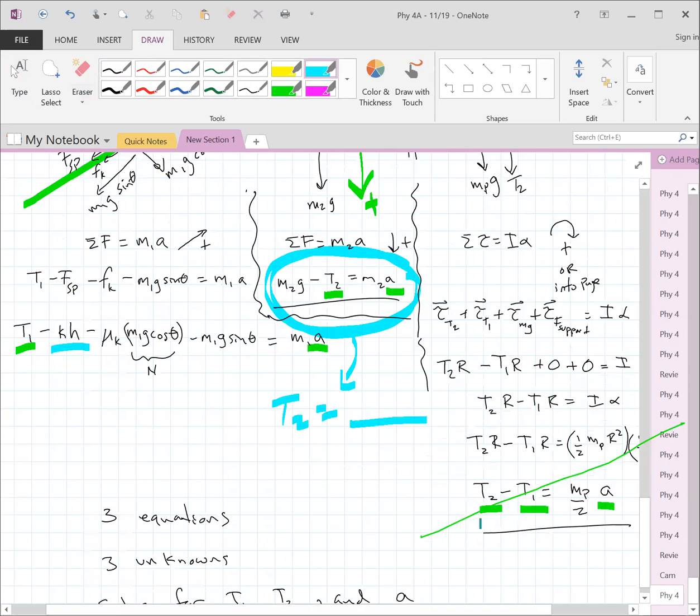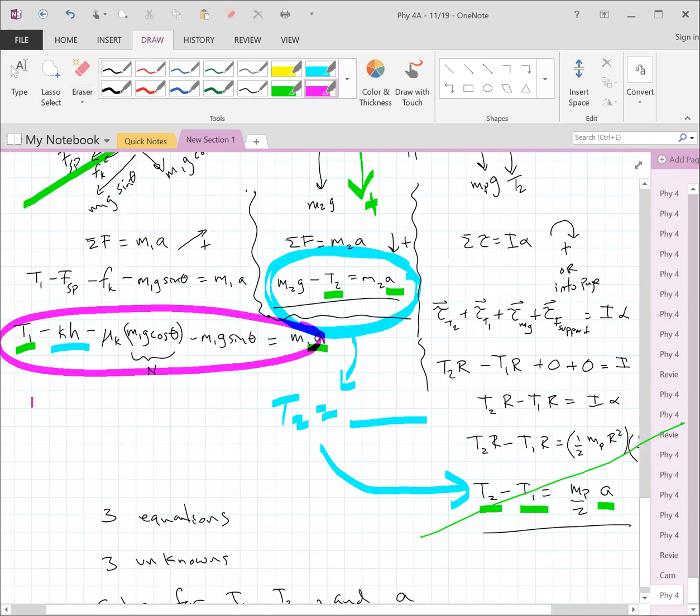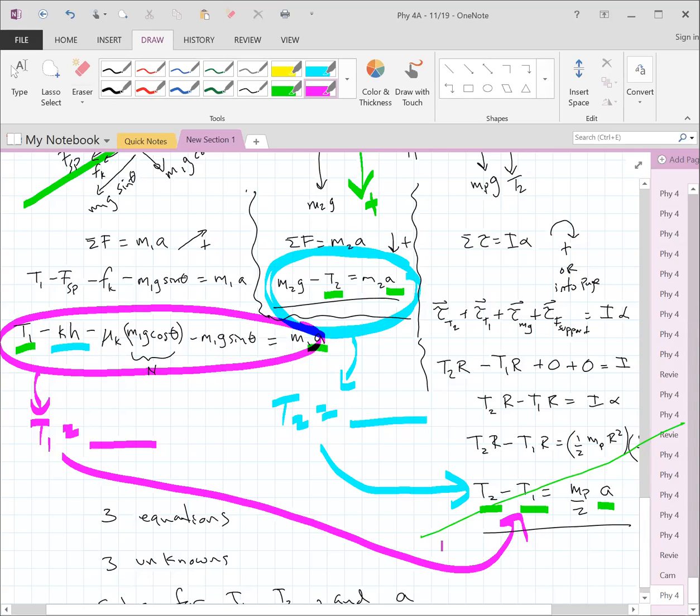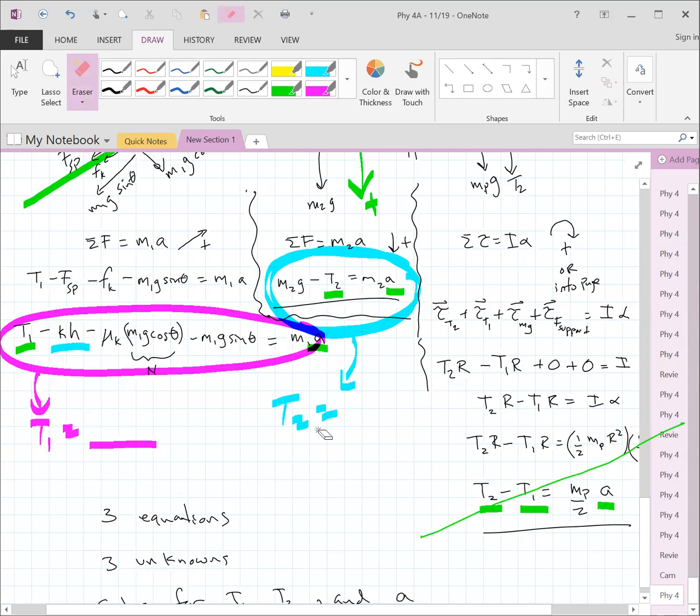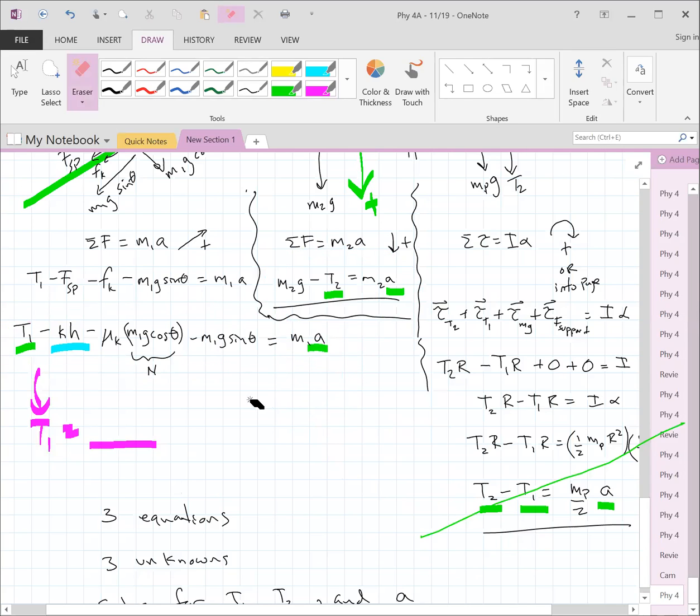Every time I see a T2, I'd stick that in over here. And then I'd do the same thing over here. I'd use this equation for M1 and solve for T1, and then stick that in over here. And then I have one equation left with just the acceleration. And then I can plug those in and solve for the acceleration.